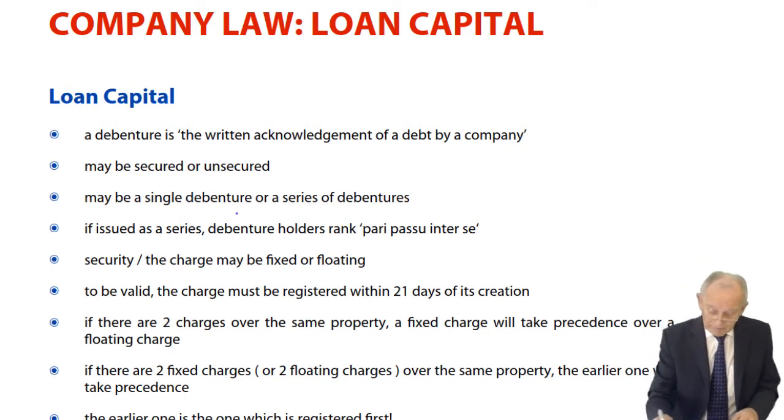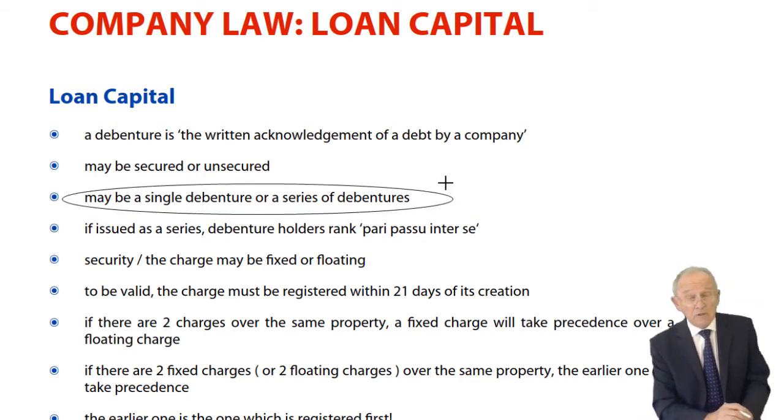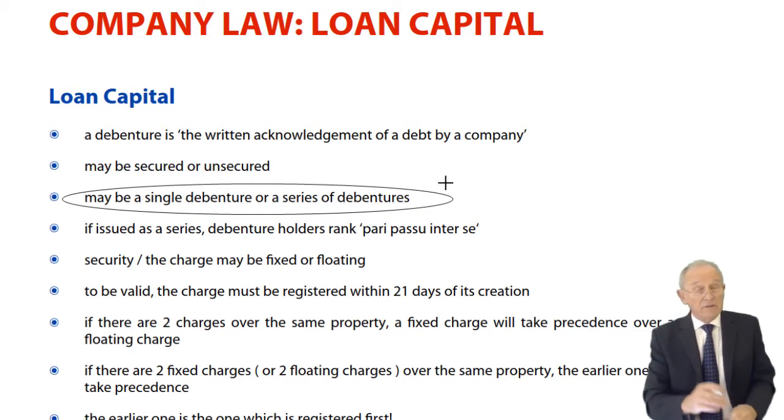Debentures may be single debentures, or they may be a series of debentures. In the first instance, I said we went to the bank and said, will you lend us 300,000? The bank manager says, yes, okay. That will be a single, one-off debenture, a piece of paper, signed by the directors, with the company seal.